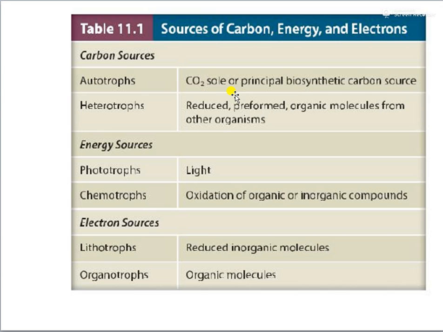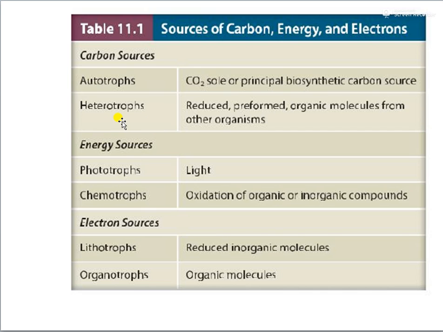So one mode of getting a carbon source and making its own ATP is by the process of photosynthesis. And some bacteria are heterotrophs, that is, they use either reduced or preformed organic molecules which have been formed by other organisms as their food. They are referred to as the heterotrophs.